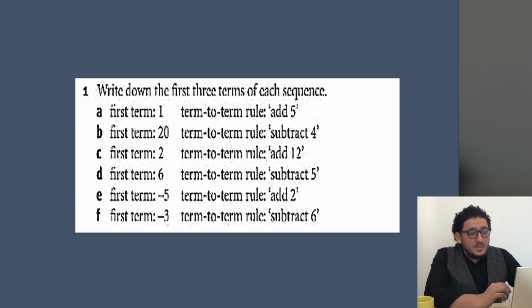The first term is 1. The second term will be 1 plus 5, because the term-to-term rule is adding 5. So you just add 5 to 1. It will be 6. After that, you add another 5. It will be 11.